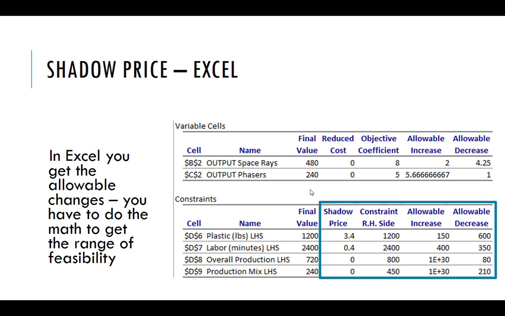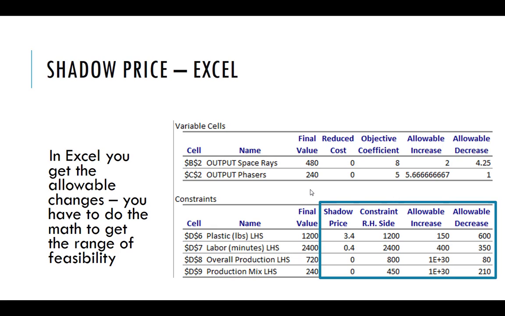The 40 cents for each minute of labor is good for another 400 minutes. A lot of times we might also want to think about which one of these I prefer to put my resources towards first. Remember, all of this interpretation from the sensitivity report is that we're only changing a single thing at a time.